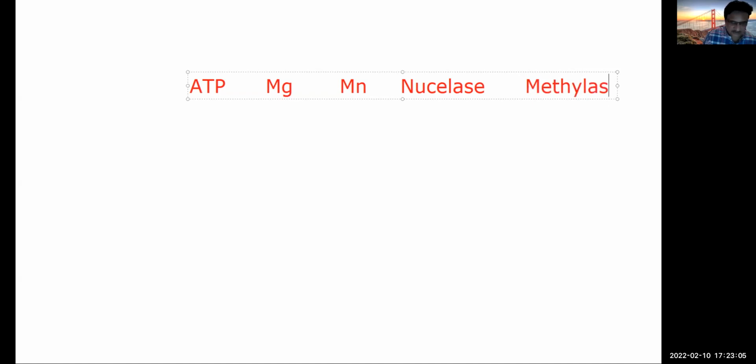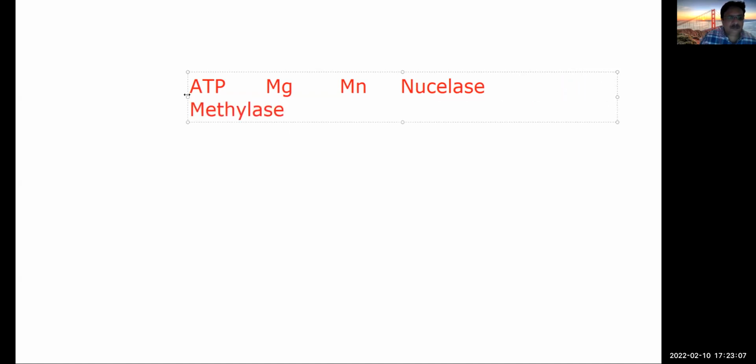So restriction enzymes can be classified on the basis of whether they need ATP, whether they need magnesium ions, whether they need manganese ions, or whether they have nuclease activities, or they also have methylase activities.